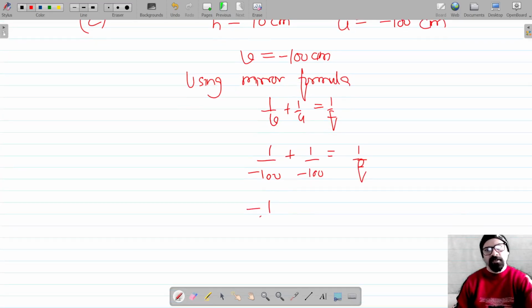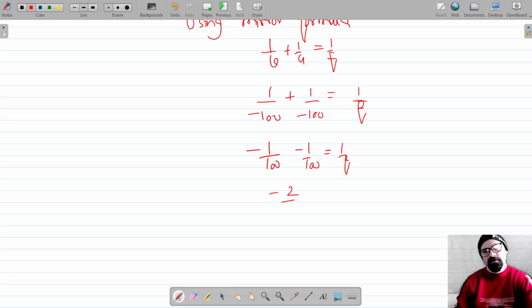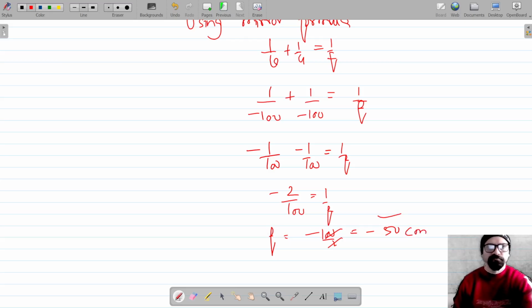So this is minus 2 by 100 is equal to 1 by f. So f is equal to negative 100 by 2. So this is equal to negative 50 centimeters. So focal length is 50 centimeter, and negative indicates that it's a concave mirror.